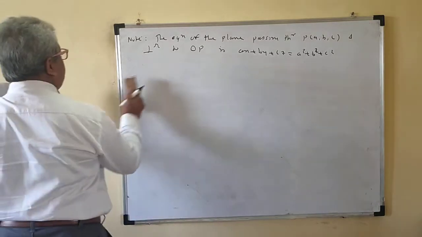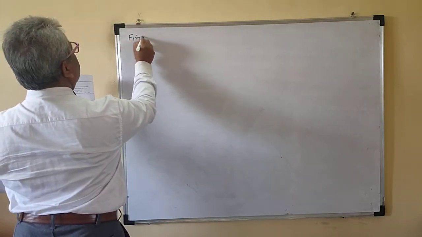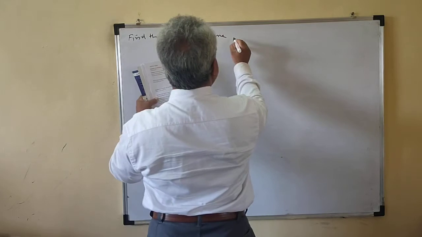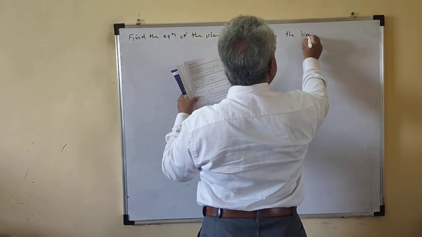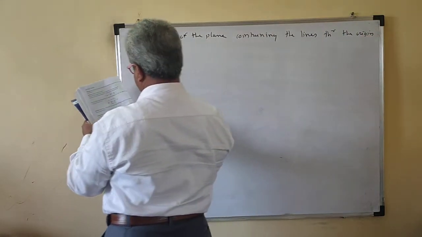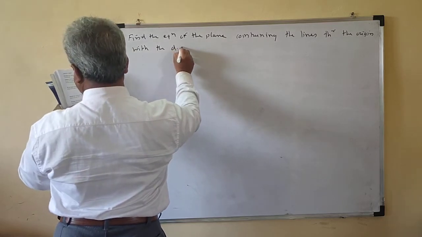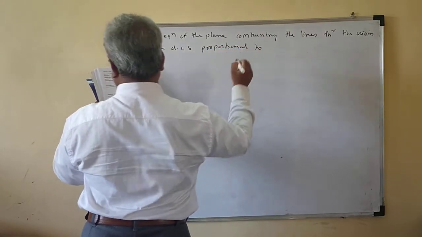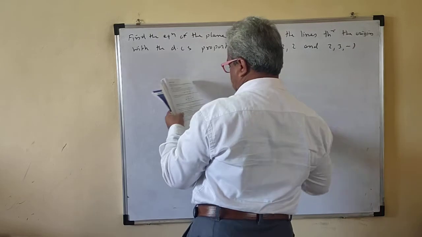Okay, now we'll take the next problem. Find the equation of the plane containing the lines through the origin with direction cosines proportional to 1, -2, 2 and 2, 3, -1.